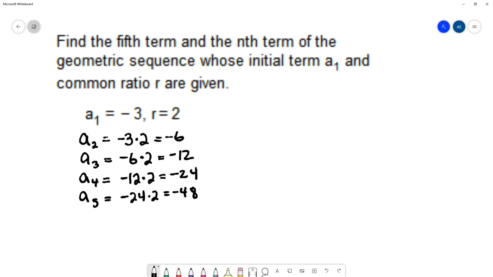We also want to find the nth term of the sequence, and we have a formula for the nth term, and that formula is the first term times the common ratio raised to the n minus 1. So the first term is negative 3 times the common ratio of 2 to the n minus 1.